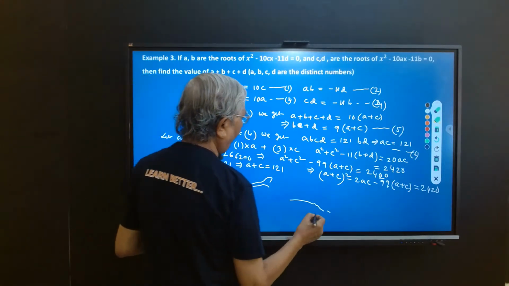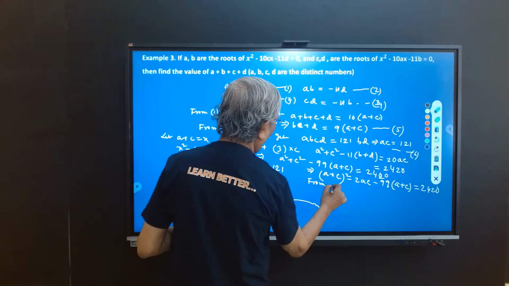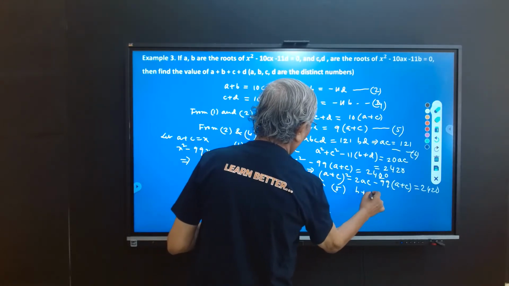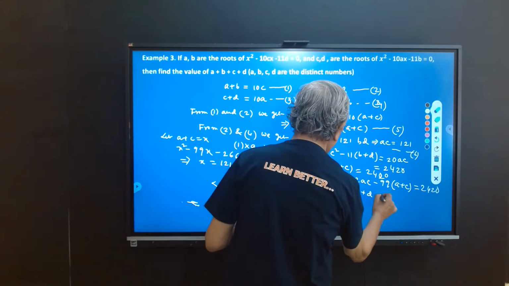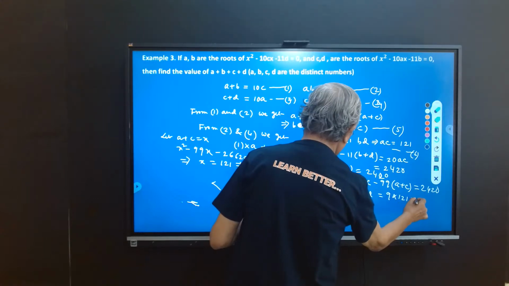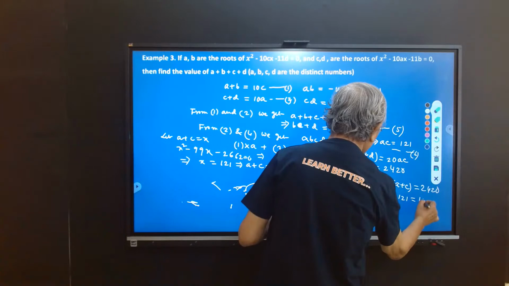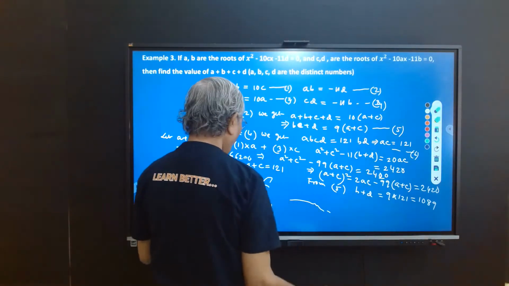From equation number 5, what is our B plus D? B plus D is equal to 9 into 121, and that is 1089.